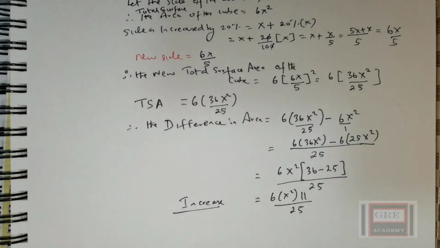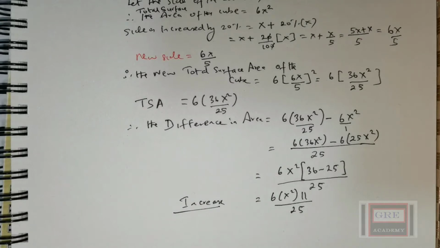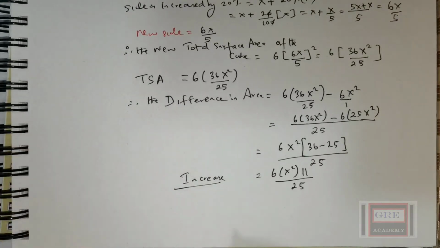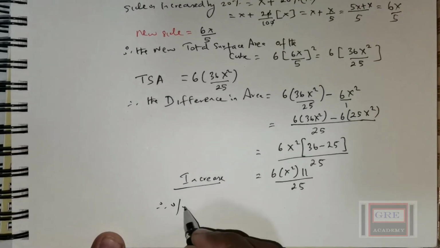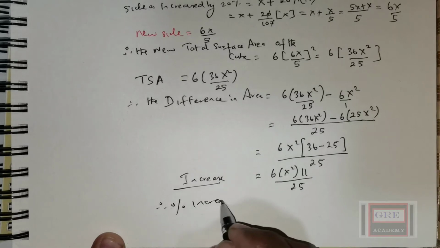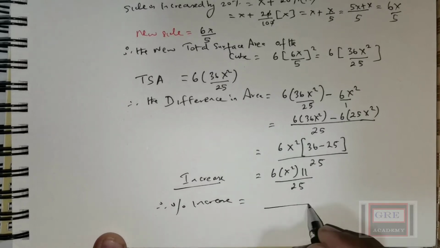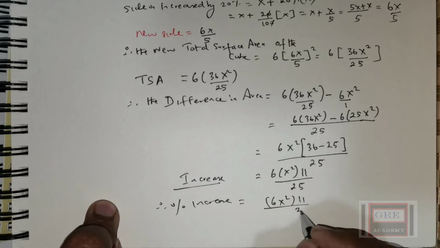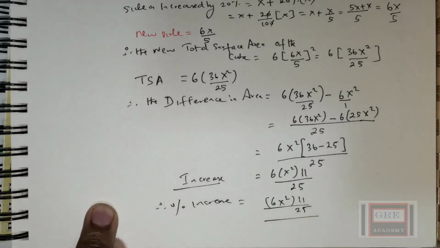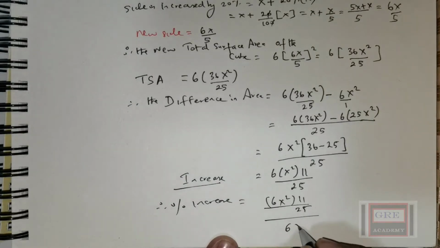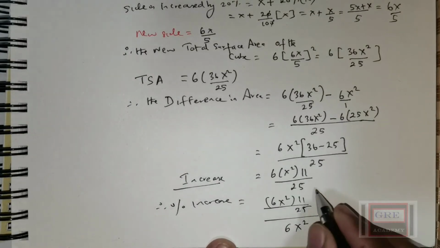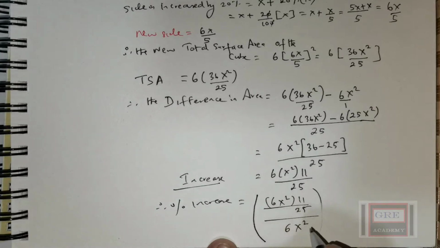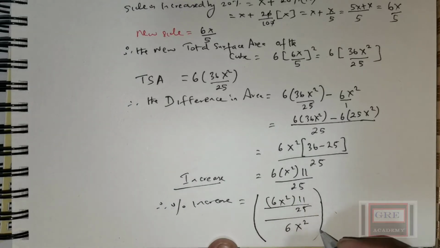Okay, so you are expected to find the percentage increase. To find the percentage increase, you take this quantity, 6x squared times 11 over 25, divide it by the original quantity 6x squared, and multiply by 100 to find the percentage.